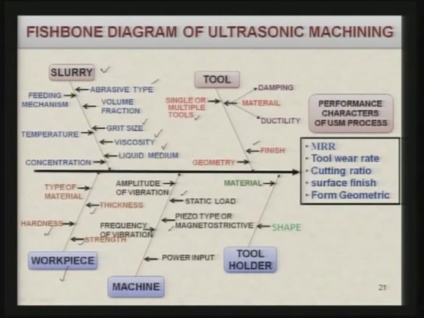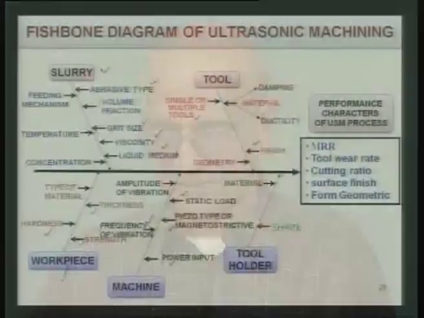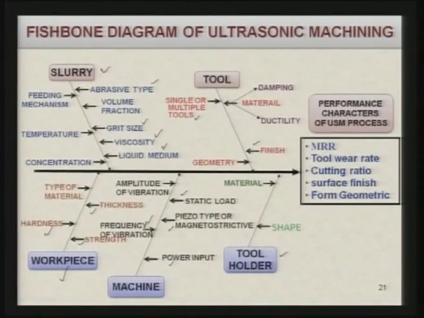Piezo type or magnetostrictive type of transducer, what is the power input to the transducer, or the force with which you are hitting the abrasive particles, which will carry with it to the workpiece, and then the frequency of vibration. Finally, there is another parameter which affects the performance of the process, that is the tool holder. So, the shape of the tool holder and the material also will affect to some extent the performance of the process.